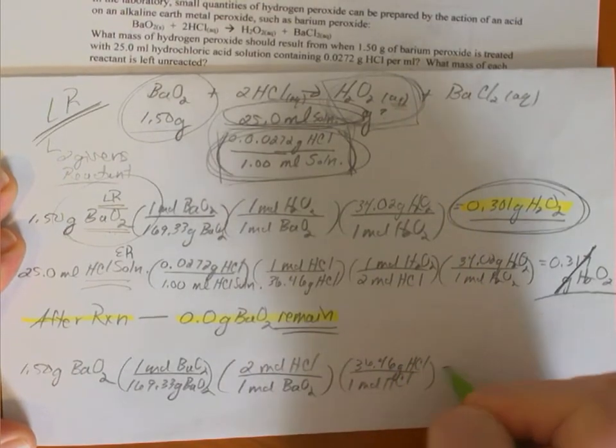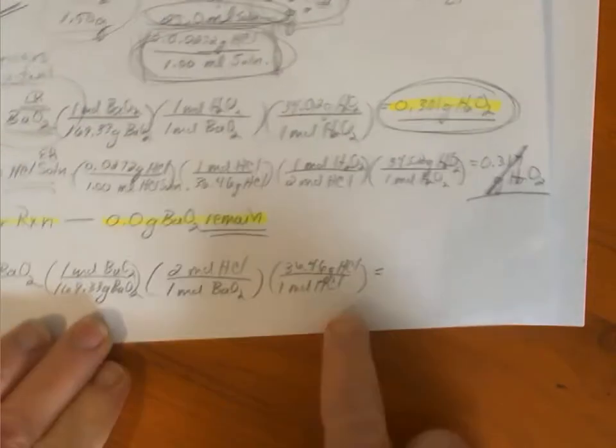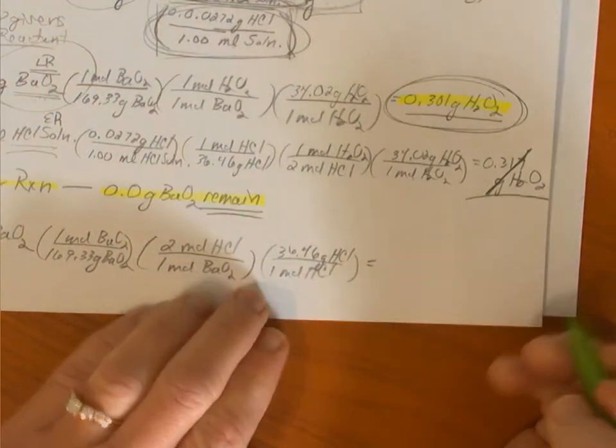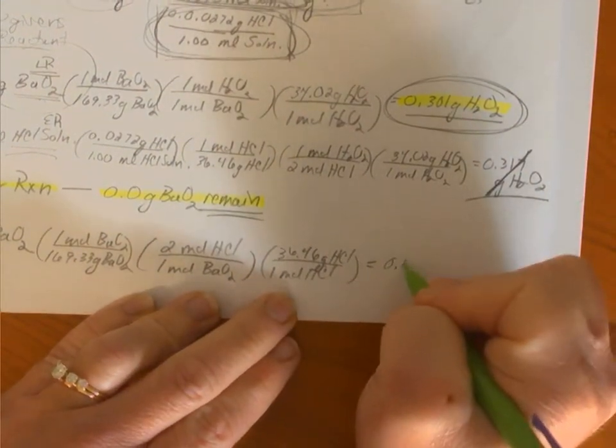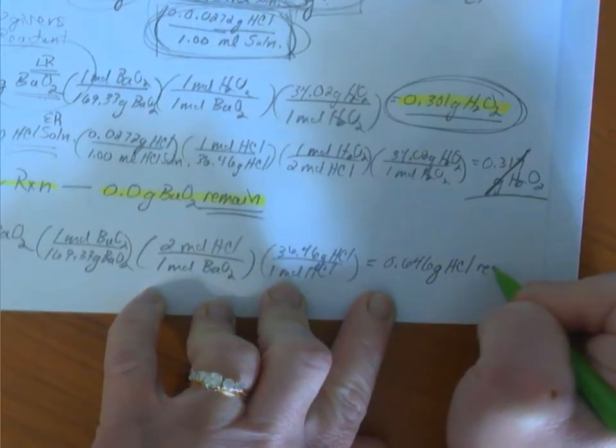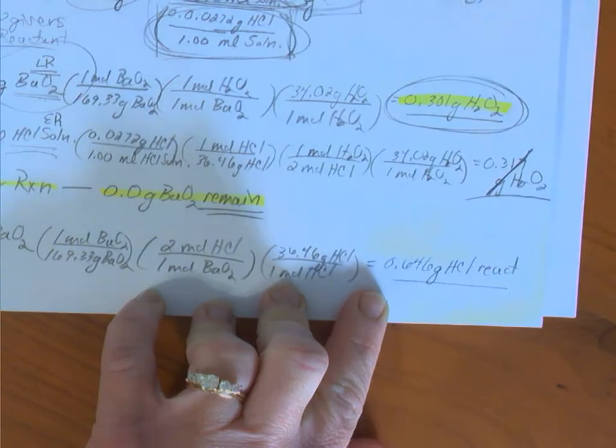Okay, so that's what Stoich tells us, is how much will react, how much will be produced. And so 0.646 grams of HCl actually react.